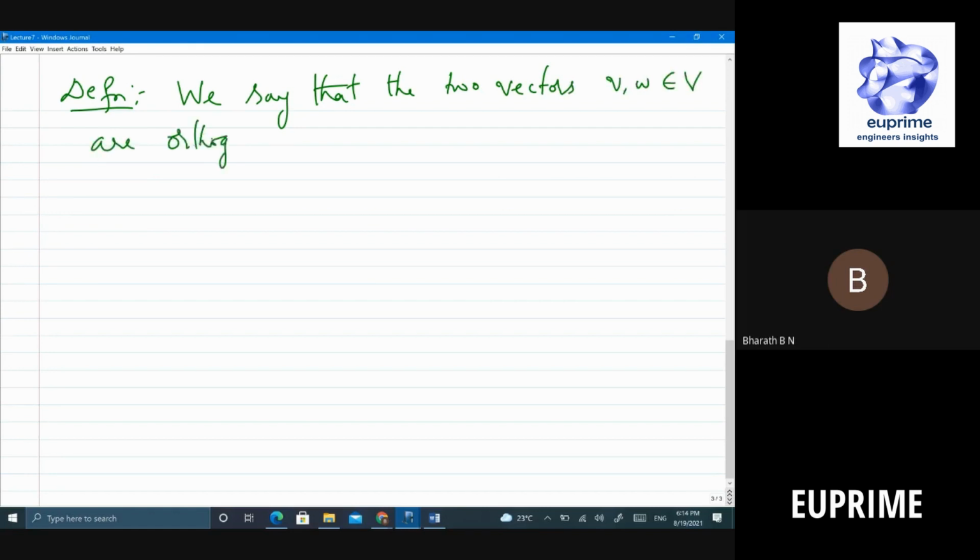So when do you say that two vectors are orthogonal? When you take the dot product of two vectors, if it is 0, they are orthogonal, right? Perpendicular. So how do I generalize this? You take the inner product of these two vectors, it should be 0, right? Then we say that the two vectors are orthogonal.